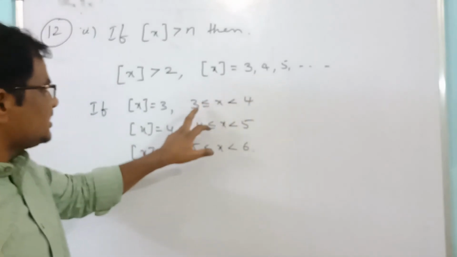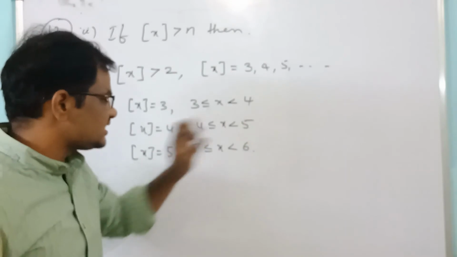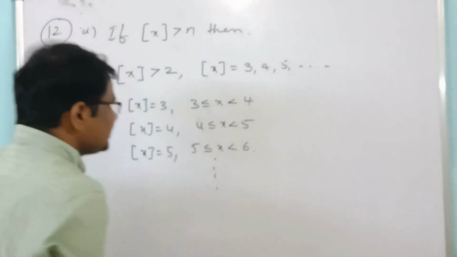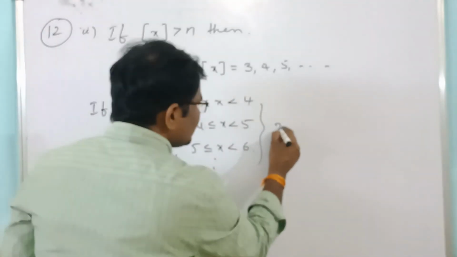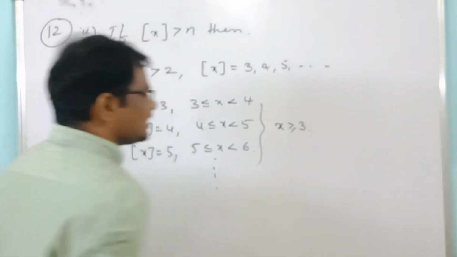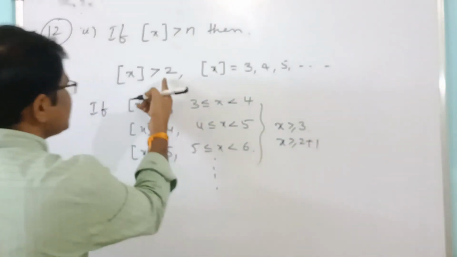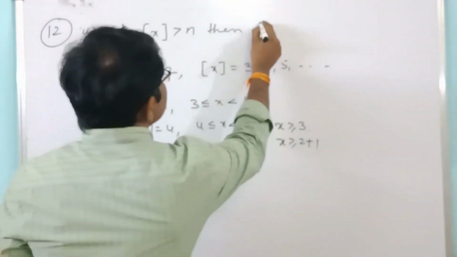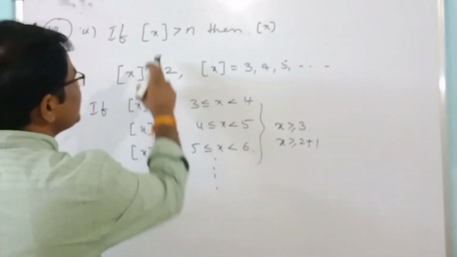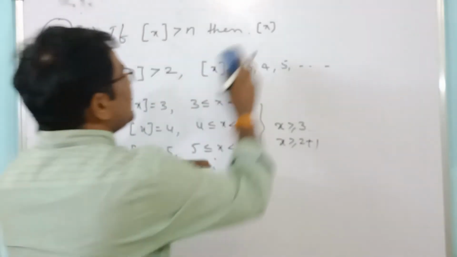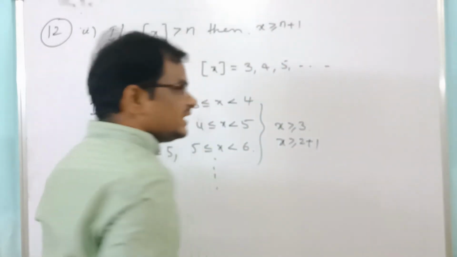Like that we will get, etc. If you observe all these, we can conclude x is greater than or equal to 3, which means x is greater than or equal to 2 plus 1. So whenever [x] is greater than n, x is greater than or equal to n plus 1.